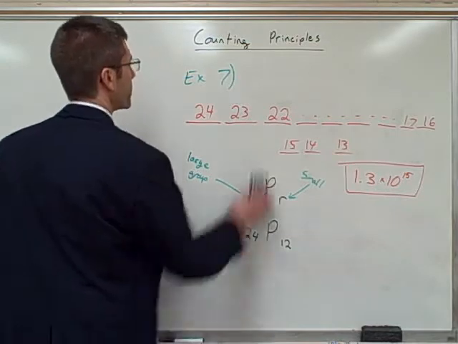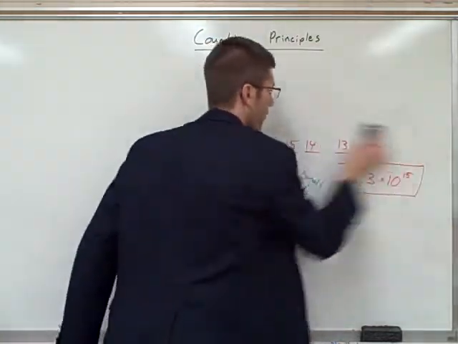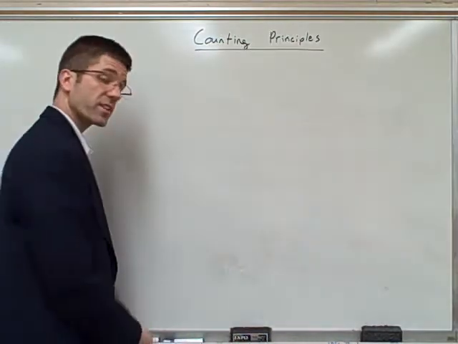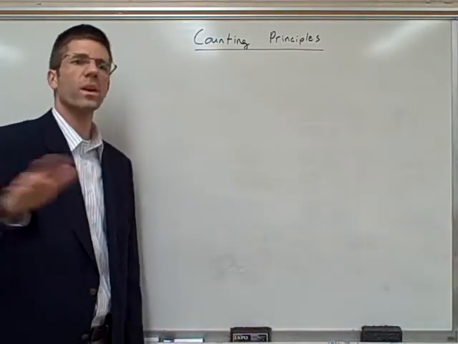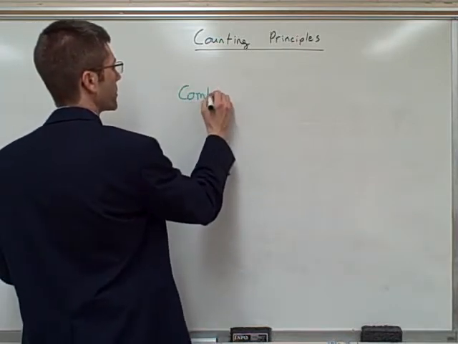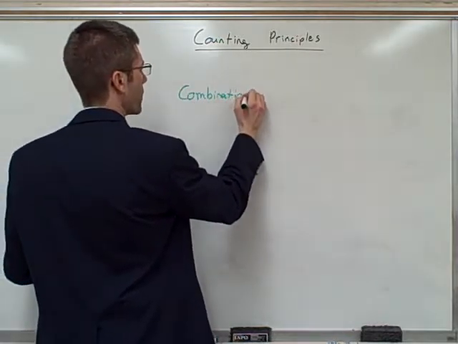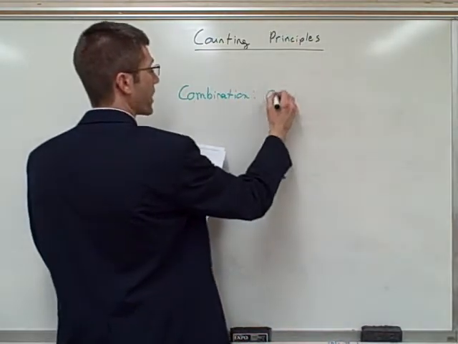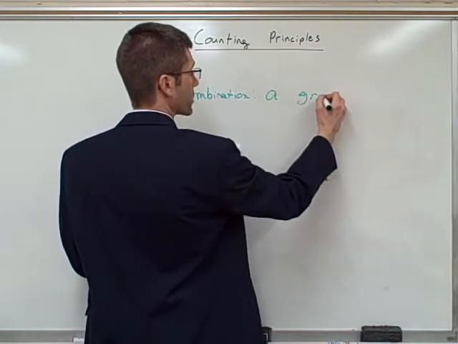So let's write it down. A combination is very similar to a permutation, but now we don't care about the order. So here it goes. Combination. This one's kind of a technical definition too, but it's a grouping. So we're going to put things in groups.